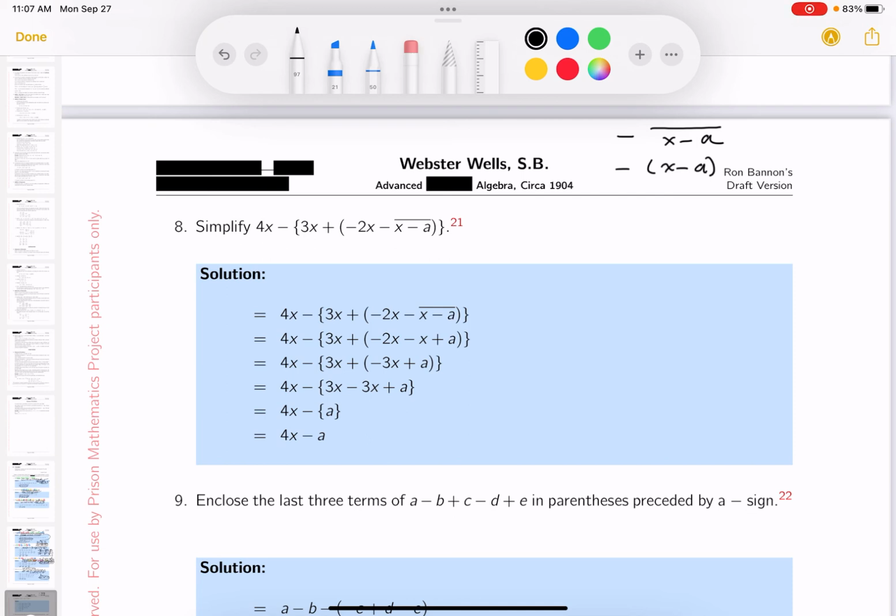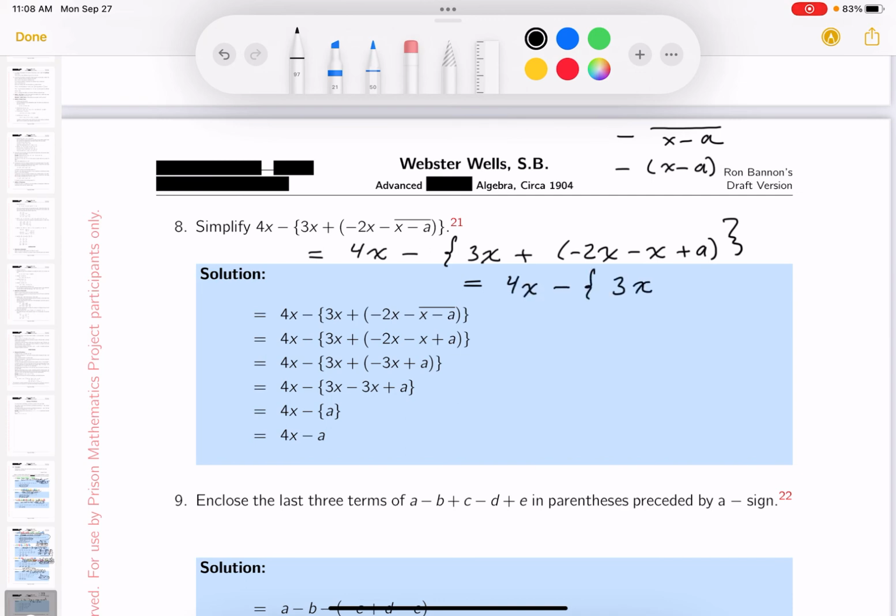So I want to write that down for you. This is 4x minus 3x, that's a grouping symbol, plus minus 2x, and I'm going to interpret that symbol now and remove it. So what did you get? You would get minus x, and minus a is going to be plus a. Let me keep moving. 4x minus, we're still doing the group.